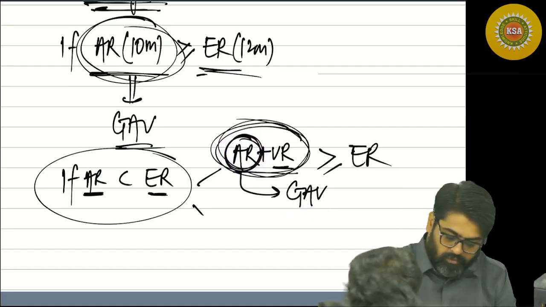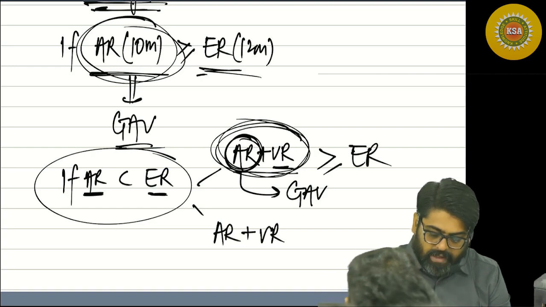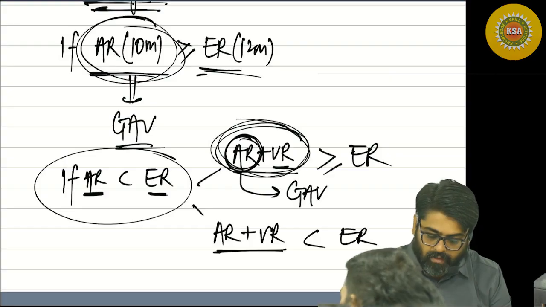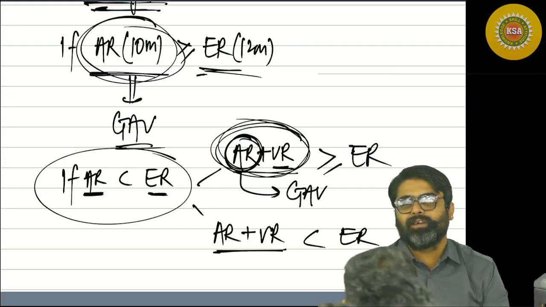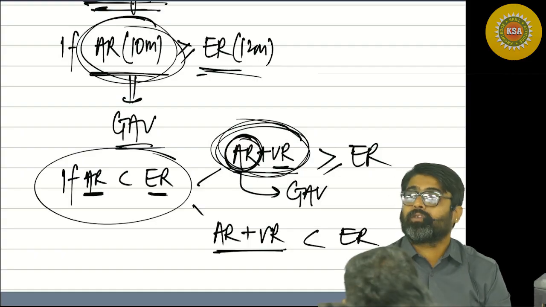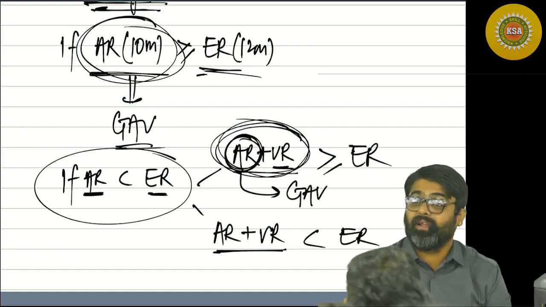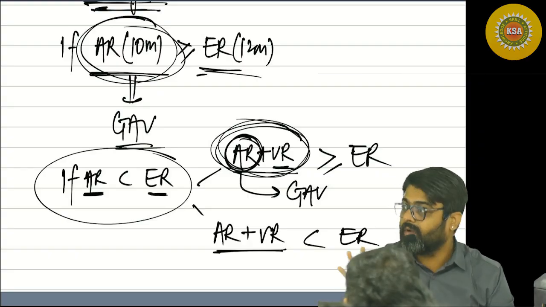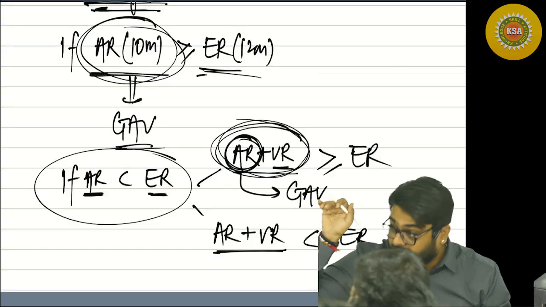But what if you added vacancy rent to the actual rent, and this total is still less than expected rent, meaning that vacancy is not the reason for your actual rent to be less than expected rent? The reason is something else. Either you are hiding something from us or you are a fool, that if your property can earn this much rent, still you are earning less.